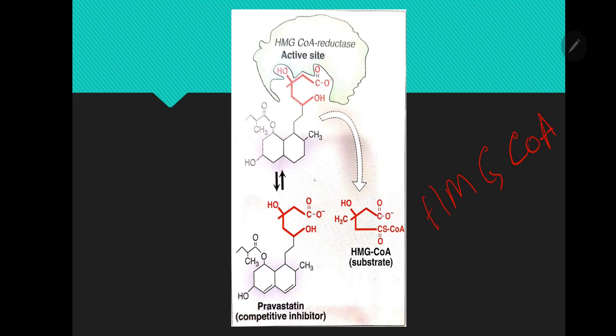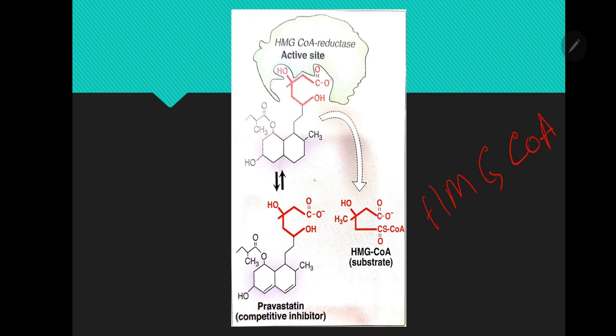Particularly when talking about statin drugs, you must remember HMG-CoA reductase, because this enzyme is important to stop the excessive formation of cholesterol. There are other statin drugs, such as atorvastatin, given in your book.